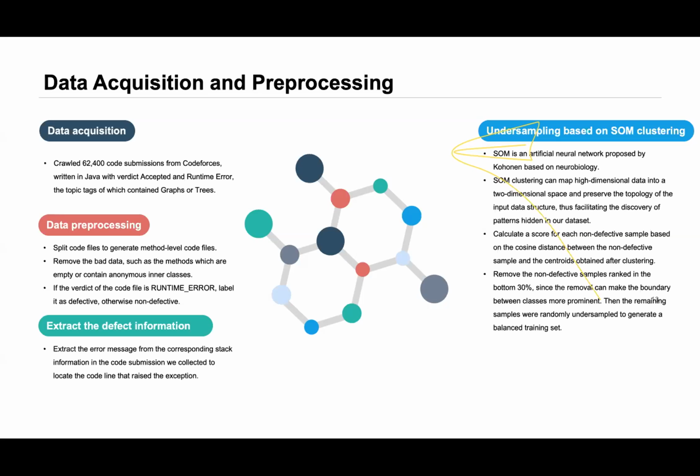We remove the non-defect samples ranked in the bottom 30%, since the removal can make the boundary between classes more clear. Then the remaining samples were randomly undersampled to generate a balanced training set.